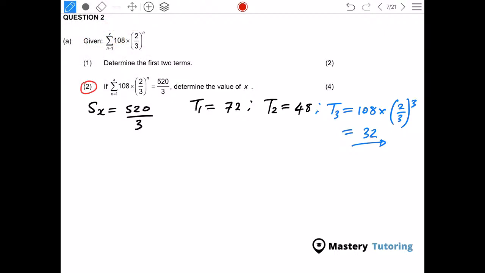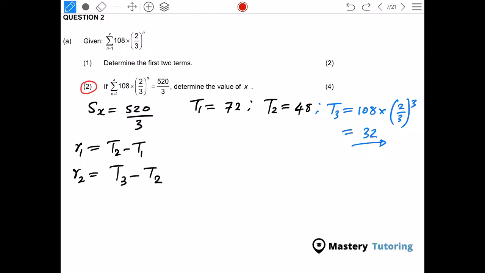So we know the first three terms. Now we calculate the common ratio. For this to be geometric, the common ratio that we calculate between term 2 and term 1 has to be the same as the common ratio between term 3 and term 2. If it exists and is equal, then this is geometric. Term 2 is 48 and term 1 is 72. Shucks, I made a mistake here.